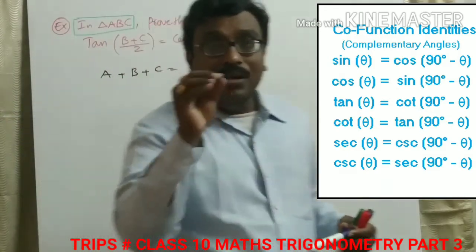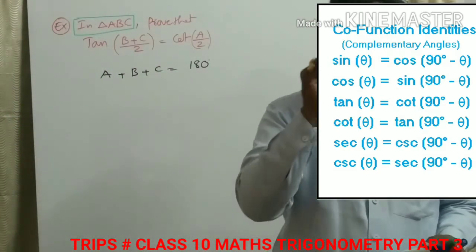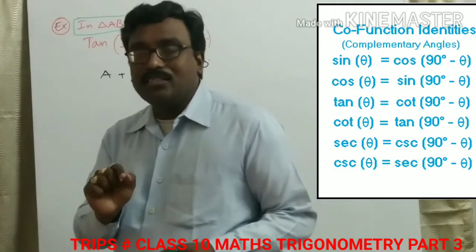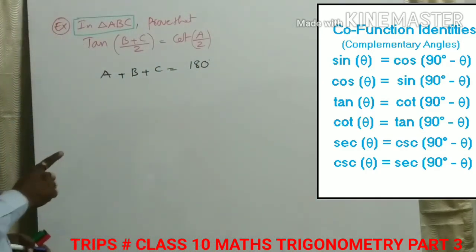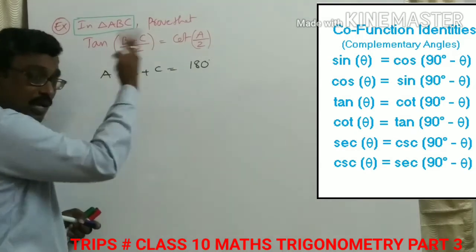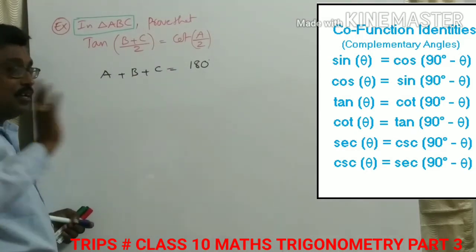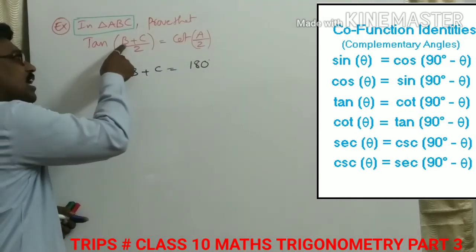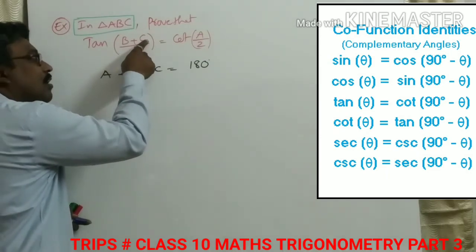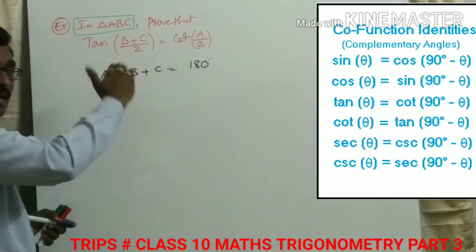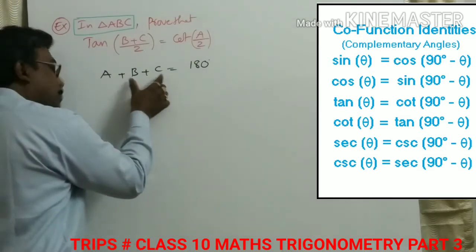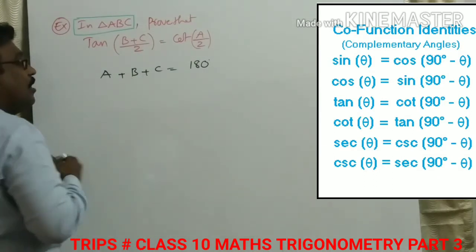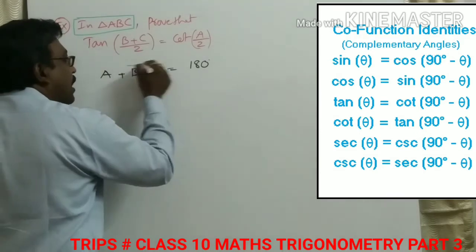From here, you have to think as per the question. In the question, tan is applied on this side and cot on that side, forget about that for now. Here you see B plus C together, and A is separated to the other side. So here also B plus C is together. Now you separate A from it.